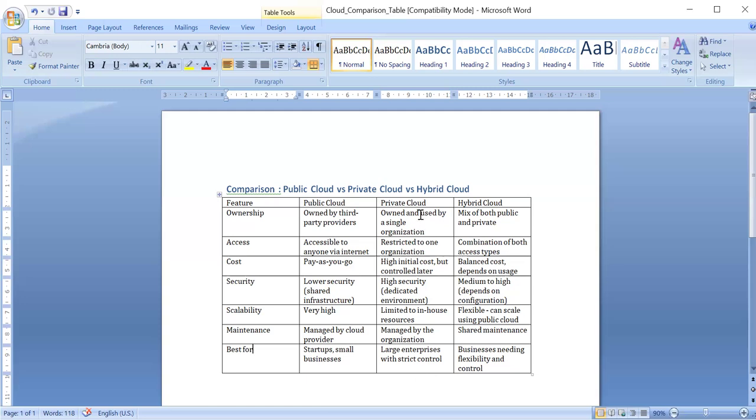And hybrid cloud is for organizations that want flexibility and security together. Flexibility means public cloud and security means private cloud. If they want both, then the organization will go for hybrid cloud. So these are all the important differences between public cloud, private cloud, and hybrid cloud.